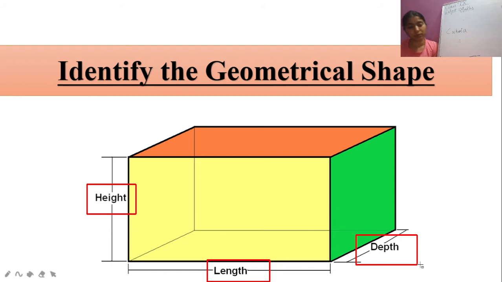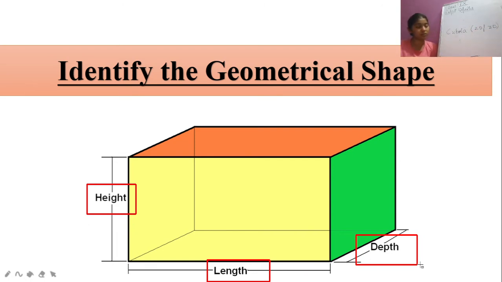Students, we have studied in the previous class that shapes which have these three dimensions, what do we call those? Do you consider this cuboidal box 2D or 3D?